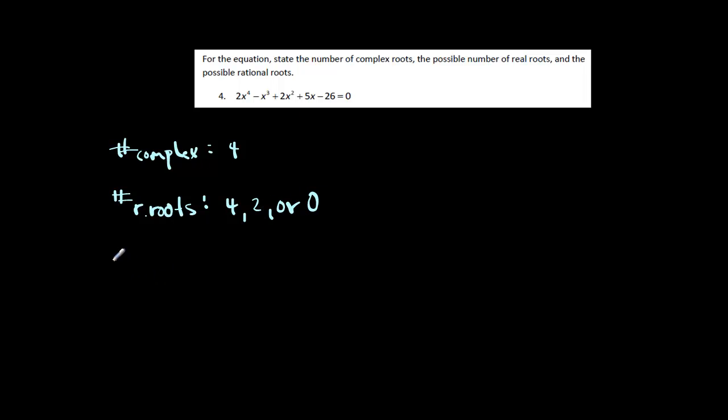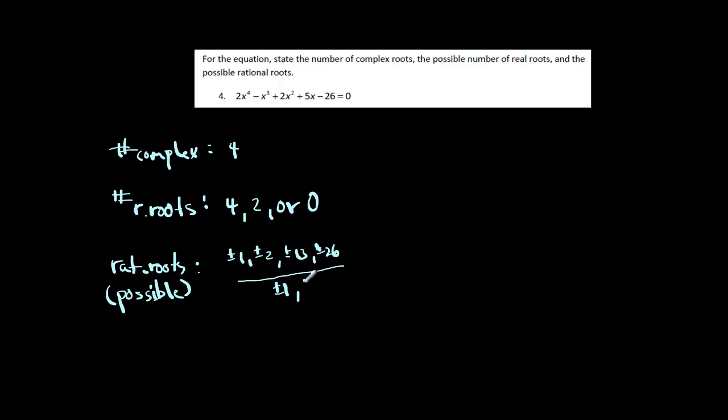And the possible rational roots, and now again these are possible, we're going to do the p over q. So we're going to have positive negative 1, 2, 13, and 26 all over positive negative 1, positive negative 2.